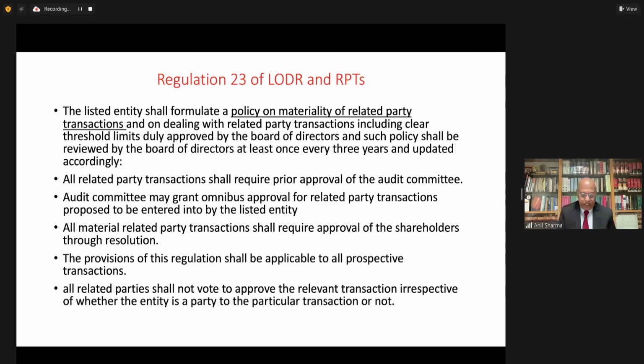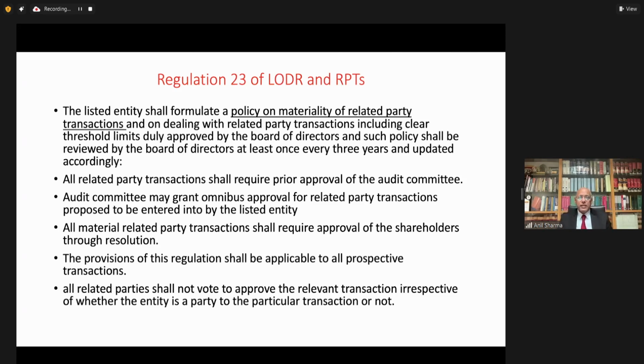For example, if a company is producing something which is 100% purchased by a related party, in that situation, since it is some kind of continuous contract, LODR has made a provision where the board can give an omnibus approval at the beginning of the transaction itself. The approval is given, the terms and conditions are defined, and then subsequently no prior approval is taken, because the omnibus approval has already been taken.